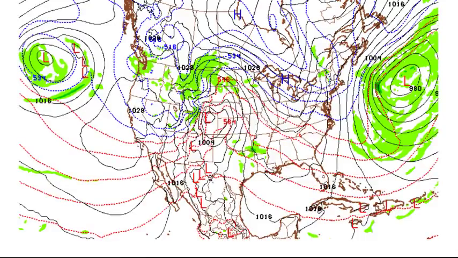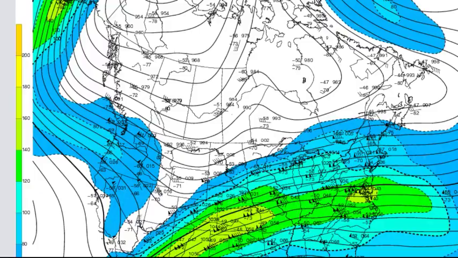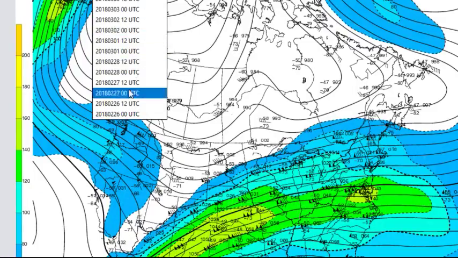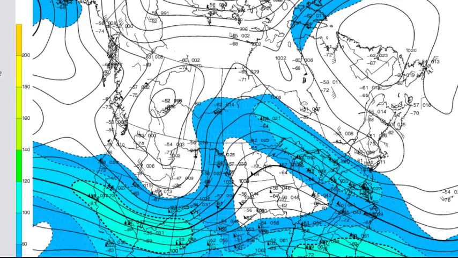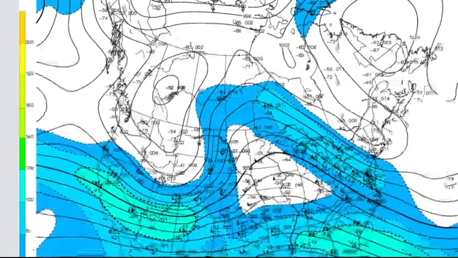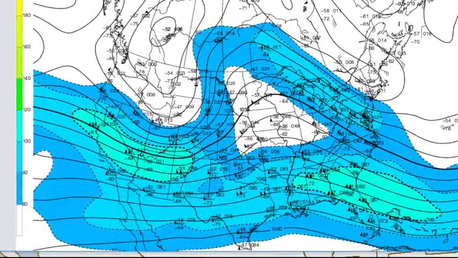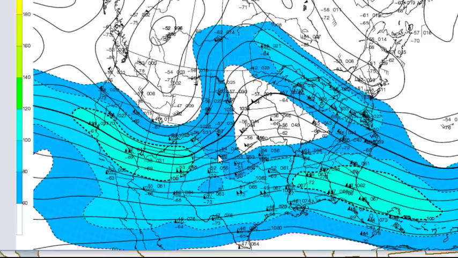Okay, continuing on, let's look at the upper air pattern. And let's grab the latest chart. This is the 250 millibar analysis. This is going to be up at about 34,000 feet. So we can identify the subtropical jet.